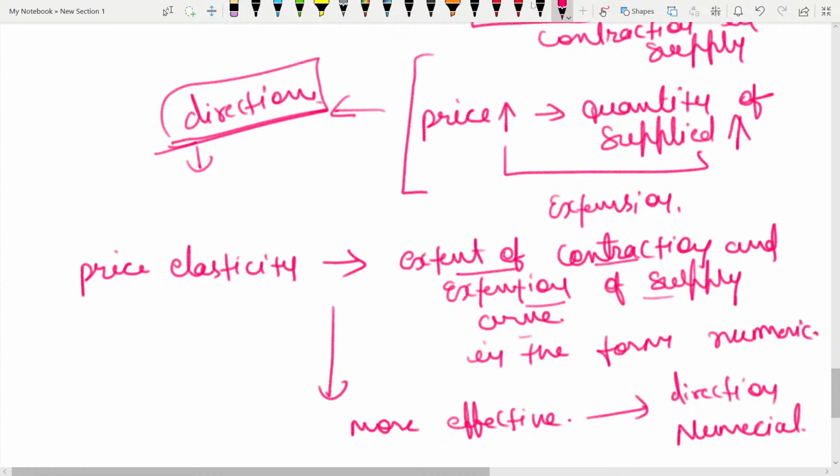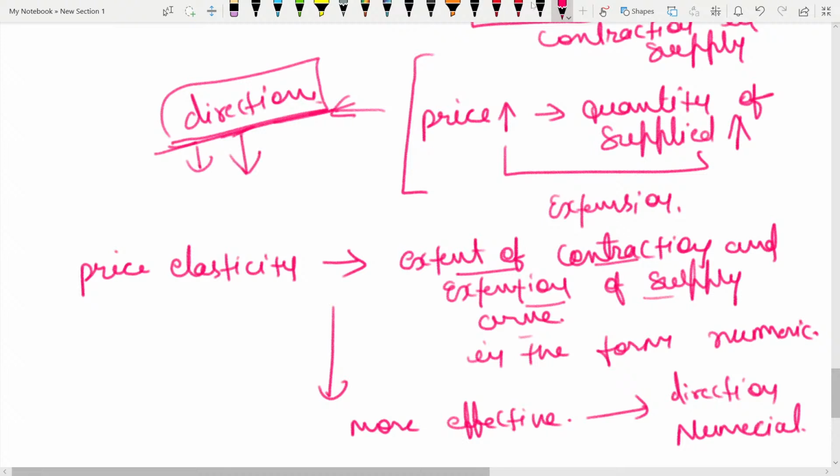If a researcher, if a policy maker wants to make policy related to price and quantity supplied, is it enough to use direction? Okay, so it is not enough to use direction.